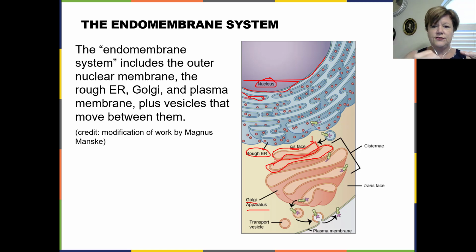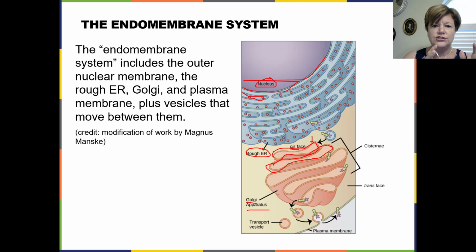The vesicle will fuse to the membrane of the Golgi, and that will dump the contents of the vesicle into the lumen of the Golgi. Lumen means the empty space inside. L-U-M-E-N.